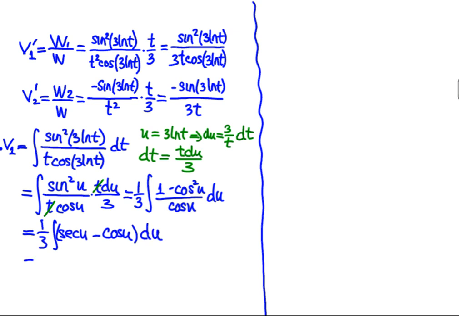So we will have 1 over 3. Integral of secant is ln of secant plus tangent. And integral of cosine is sine.